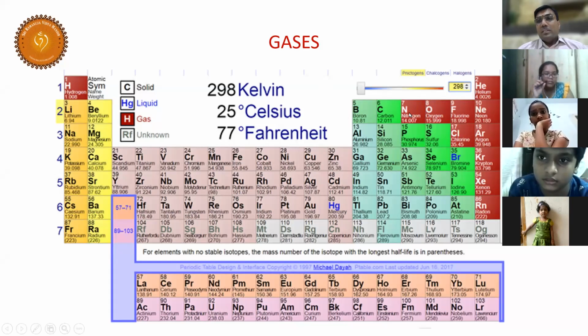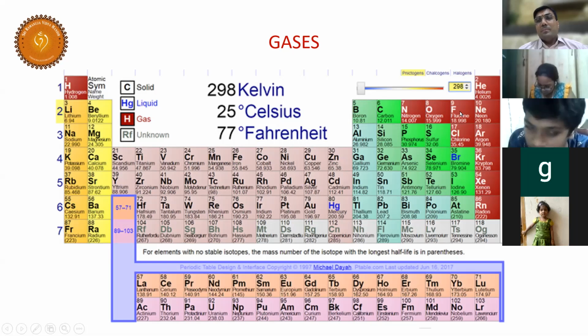Hydrogen exists as H2. Nitrogen exists as N2. Oxygen exists as O2. Fluorine exists as F2. Chlorine exists as Cl2. And similarly, helium, neon, argon, krypton, xenon, and radon. These are monoatomic gases, very, very important.